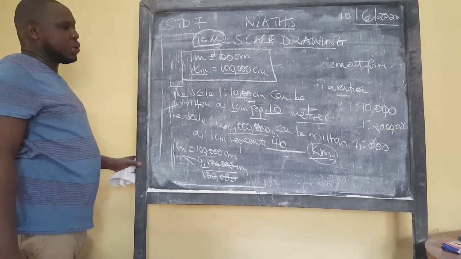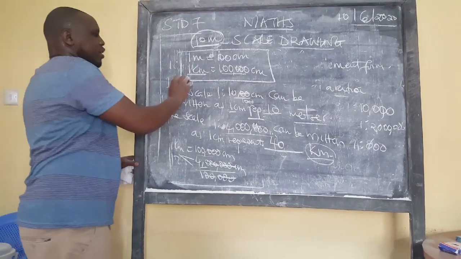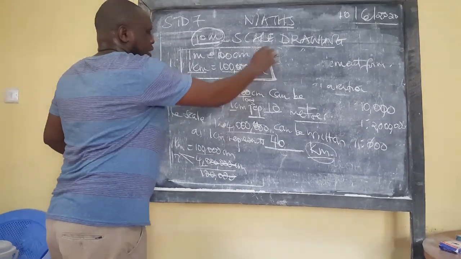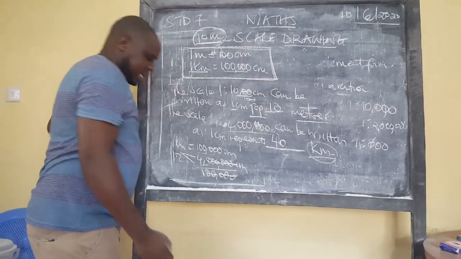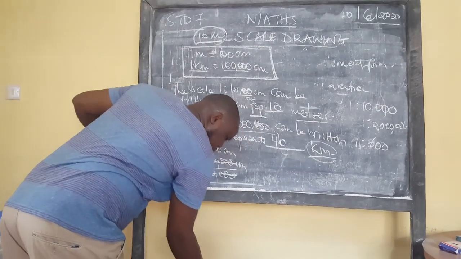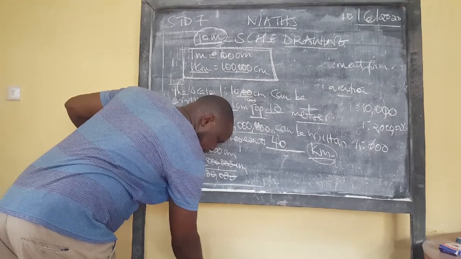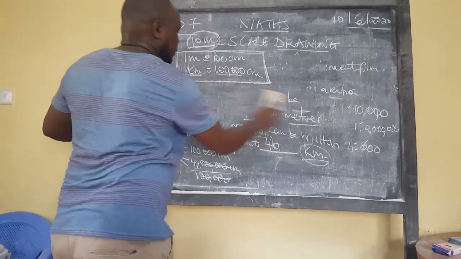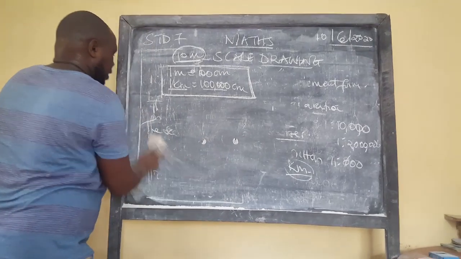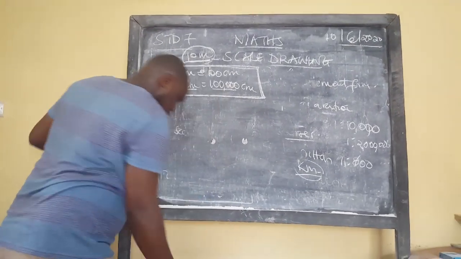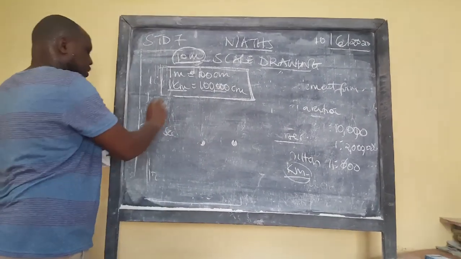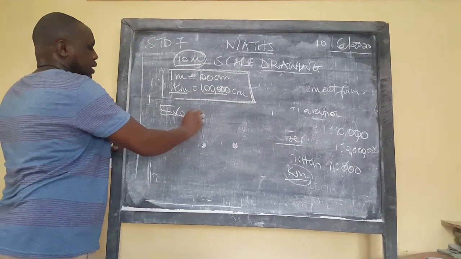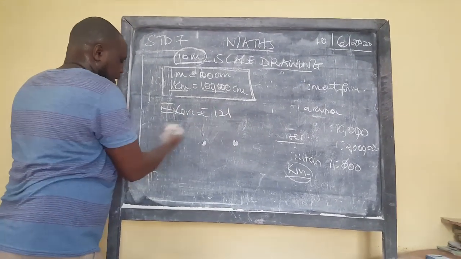So that's the work that you are going to do, Lana. This is very, very important as far as this work is concerned. So with that, I want you to complete the exercise that is there. Let me give you the exercise about linear scale. Exercise 121.